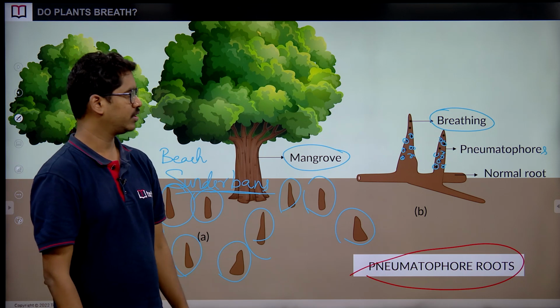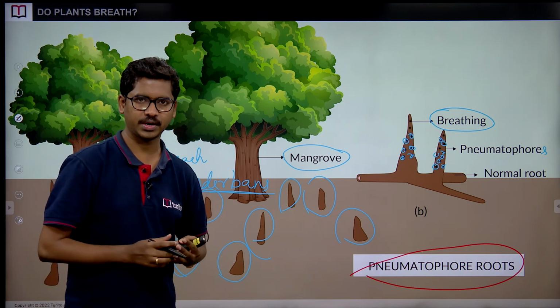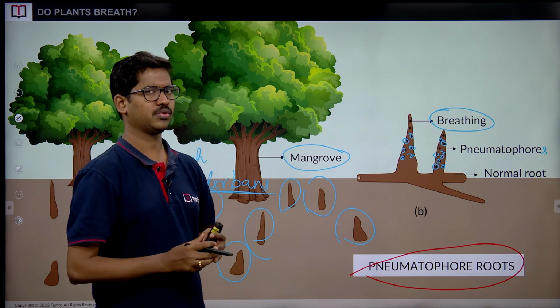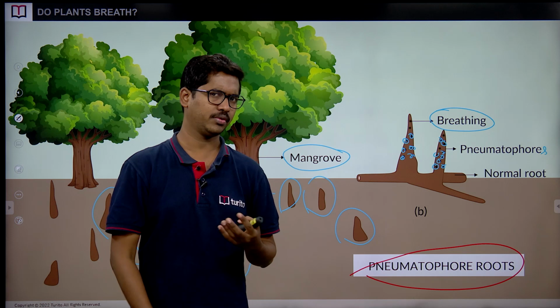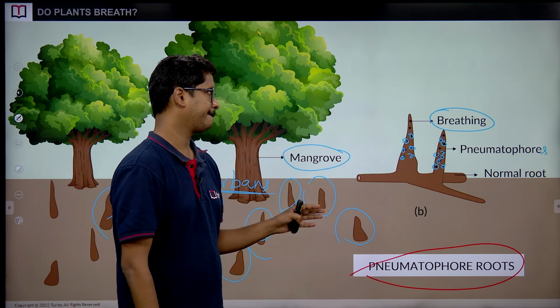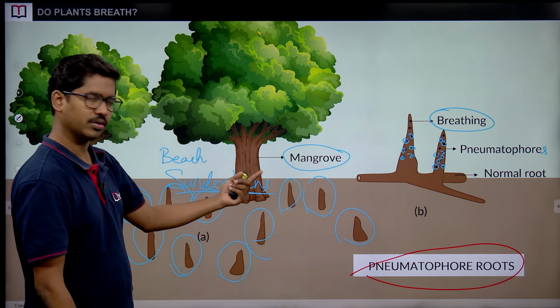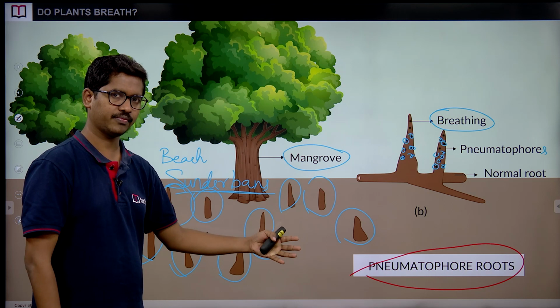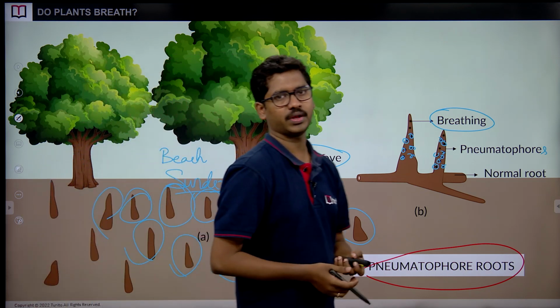They cannot exchange the respiratory gases inside the water, as you are aware, because we can't do it either. Even some of the bigger organisms like whales can't do that. Now, here you see that they come out of the soil, they try to come out of the water also, and that is how they exchange the respiratory gases.